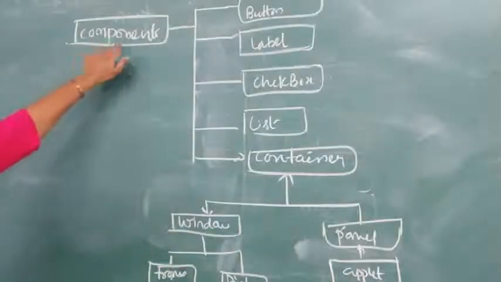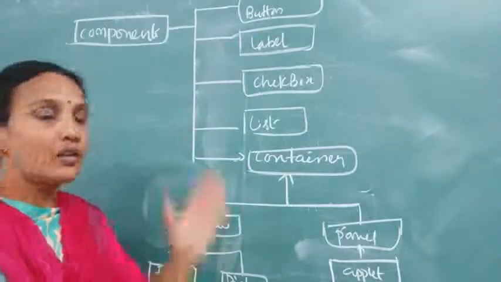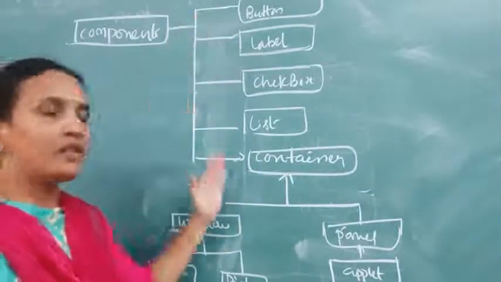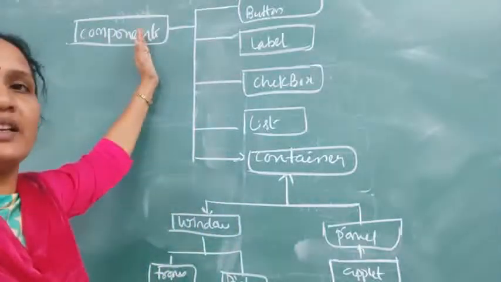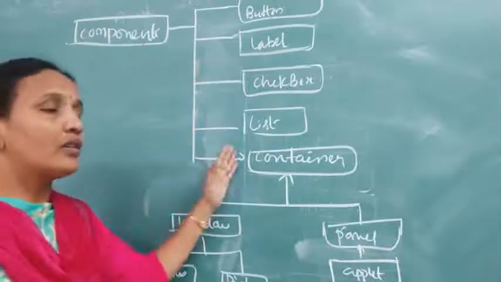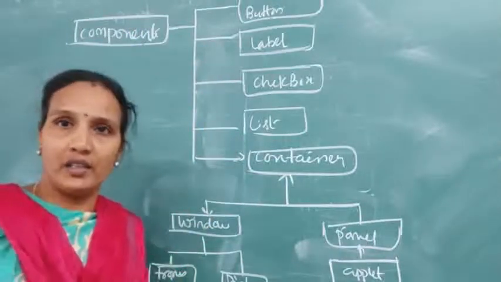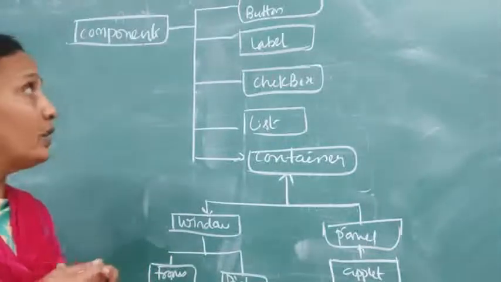Here, component is the top, the main class which contains all these components. This is at the top of the hierarchy, which contains different components. Using that, we can create a web-based application, a graphical user interface.